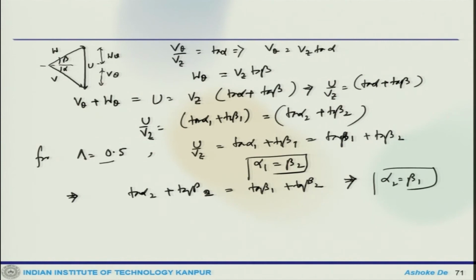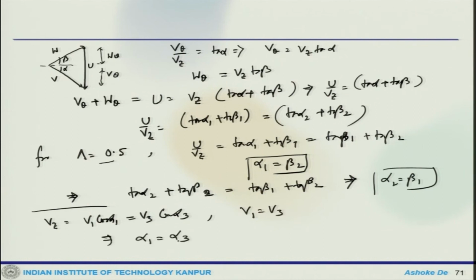So, V z is constant throughout the stage. Since that is there, one can write V z equals V 1 cos alpha 1 equals V 3 cos alpha 3, and V 1 equals V 3, which will get alpha 1 equals alpha 3.